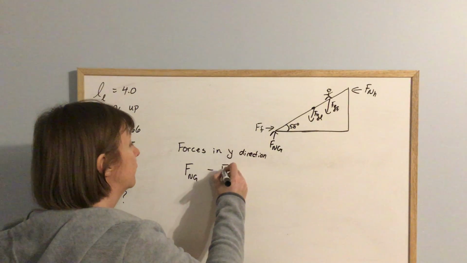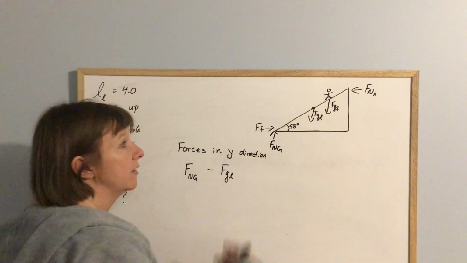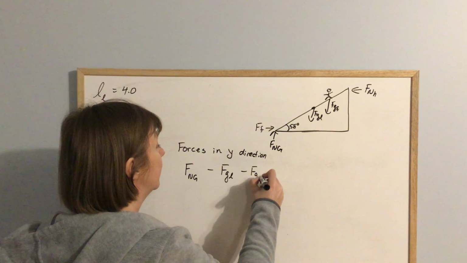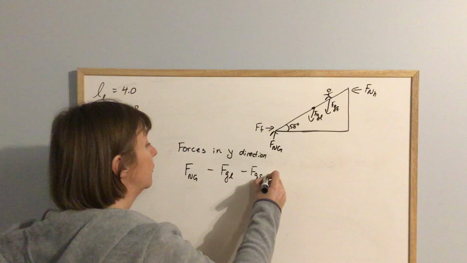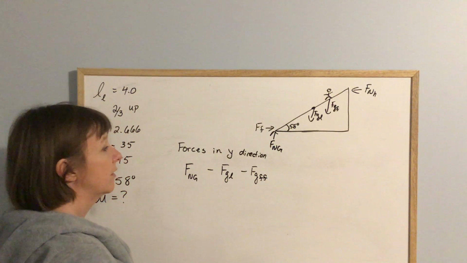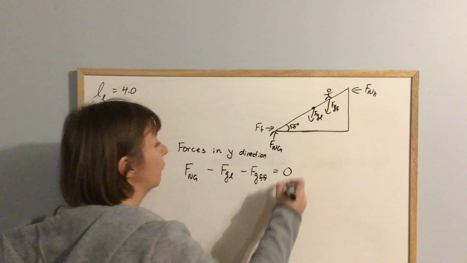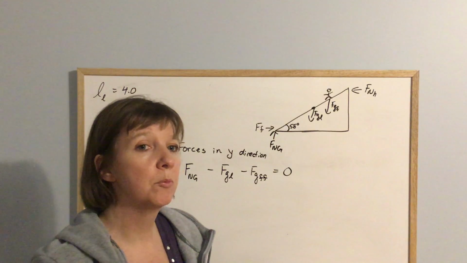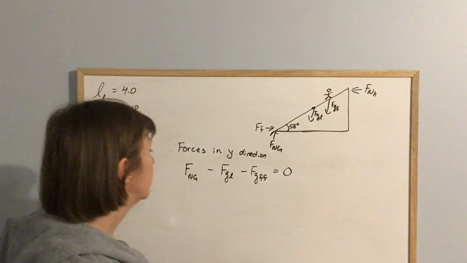The force of gravity on the ladder is going down, so it's negative. And the force of gravity on the firefighter, we'll put 2 F's for firefighter, is also going down, so it's negative. And all of those forces have to equal 0, because hopefully this ladder is not moving up or moving down, so the net force would be 0.